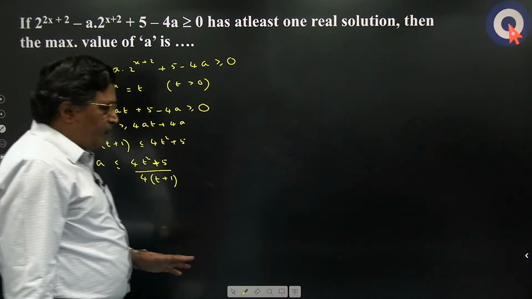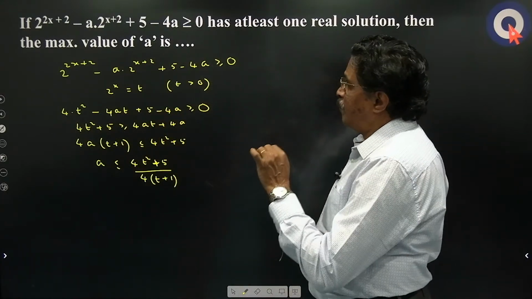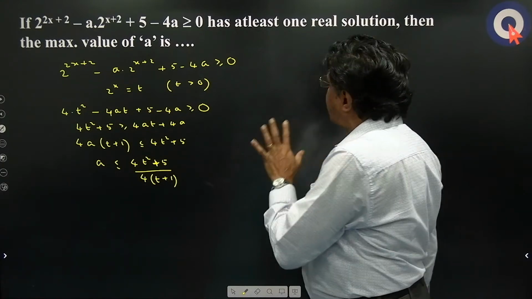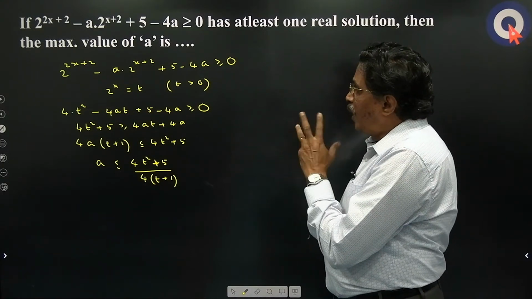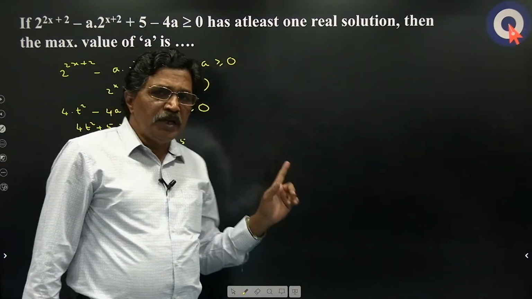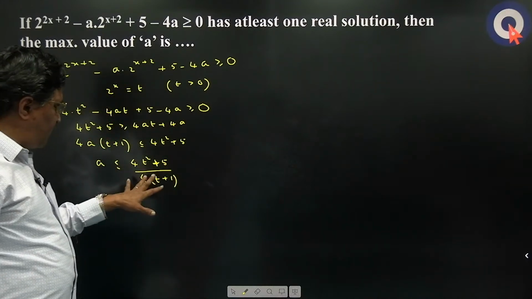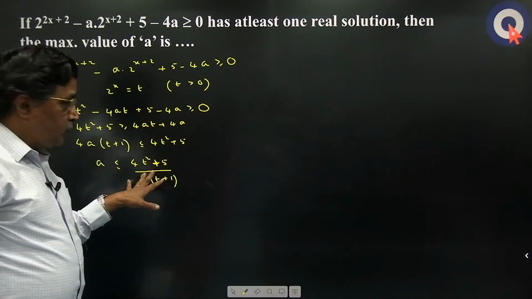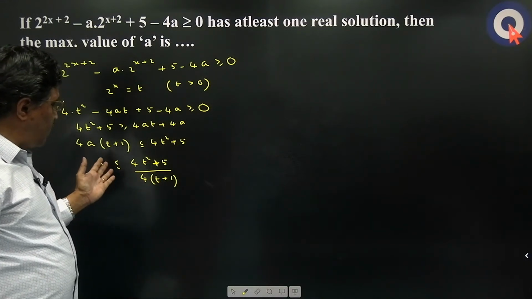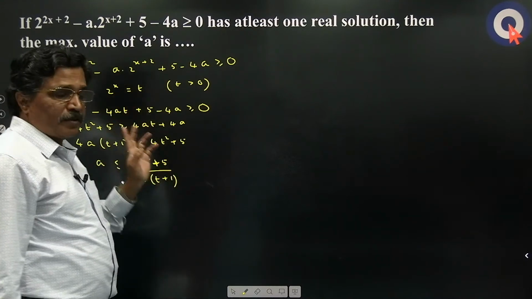Now the question here is, we need to understand what's required here. If this inequality has to have at least one real solution, then the maximum value of a. So if this inequality has to have at least one solution, a has to be less than or equal to this much, for different values of t, meaning different values of x.